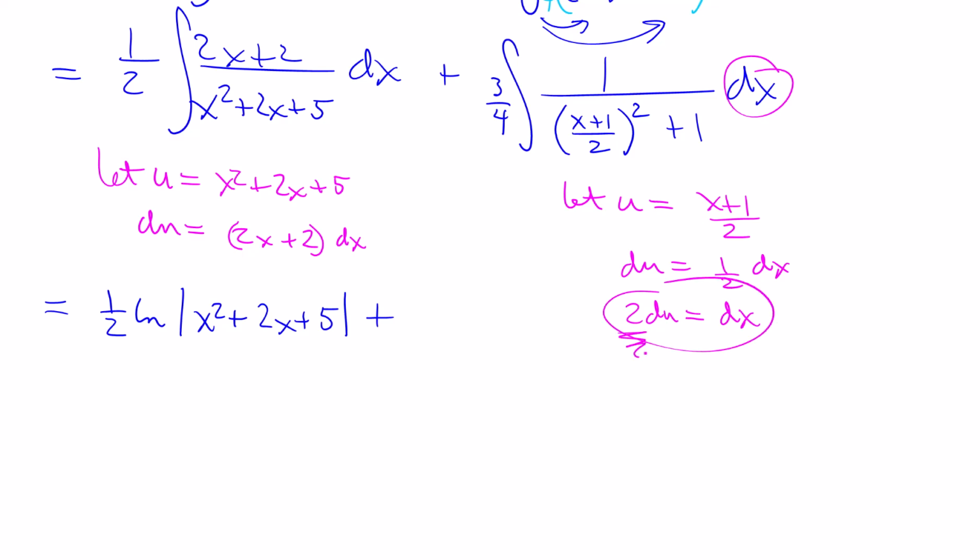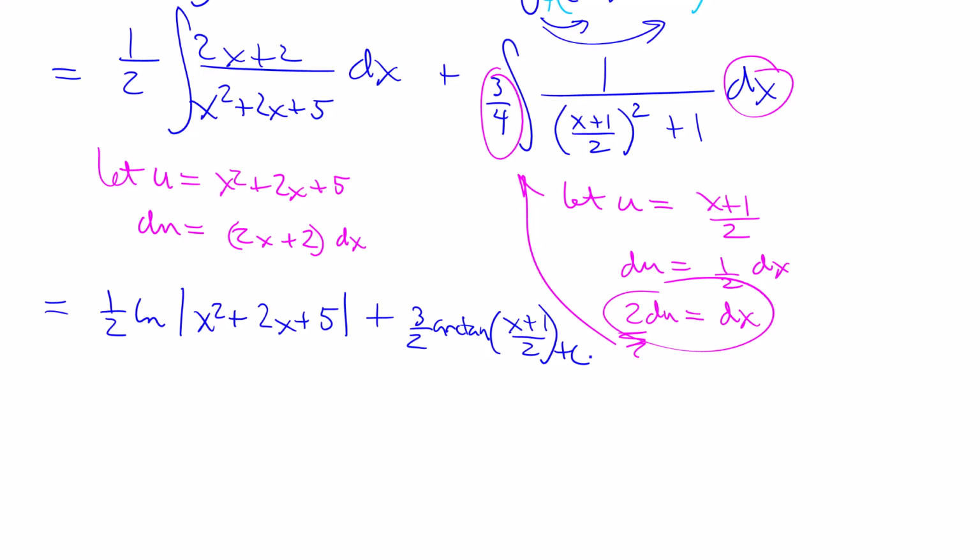The point is there's an extra 2 that, when combined with the 3/4 as the constant in front, will simplify a little bit more. So ultimately you should get 3/2 times the arctan, tangent inverse, of, in this case, u, which we've used as x plus 1 over 2, and then plus c.